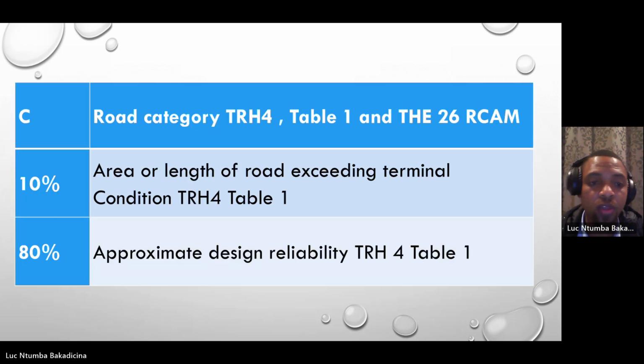So for road capacity, we had 10%, which is the area of length of the road exceeding terminal conditions, TRH4 table 1, approximately design reliability, which is TRH4 table, so on and so forth.